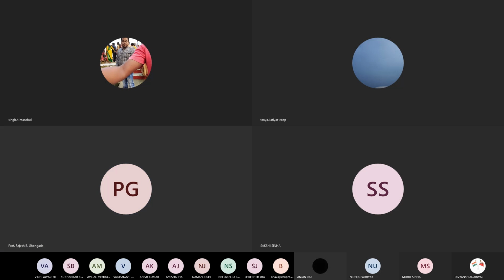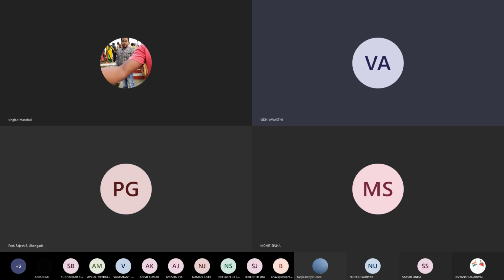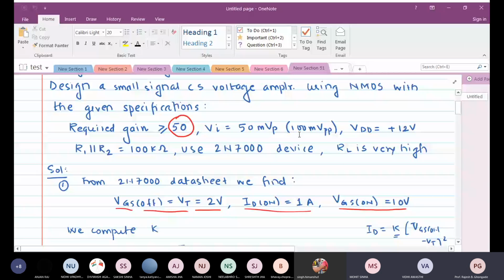OneNote page? No, sir, not visible. Sir, screen is being shared but nothing is visible, only black. Yes, sir. Now it's visible.